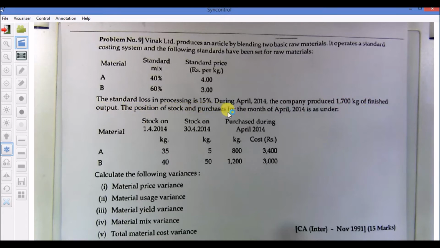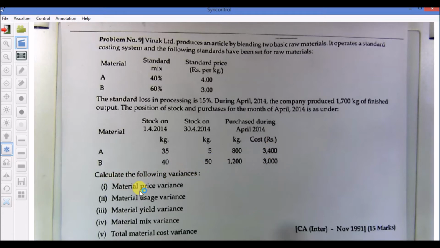The position of stock and purchase for the month of April 14 is as under. Material A and B, they have given us opening stock, closing stock, purchases, and cost of purchase.